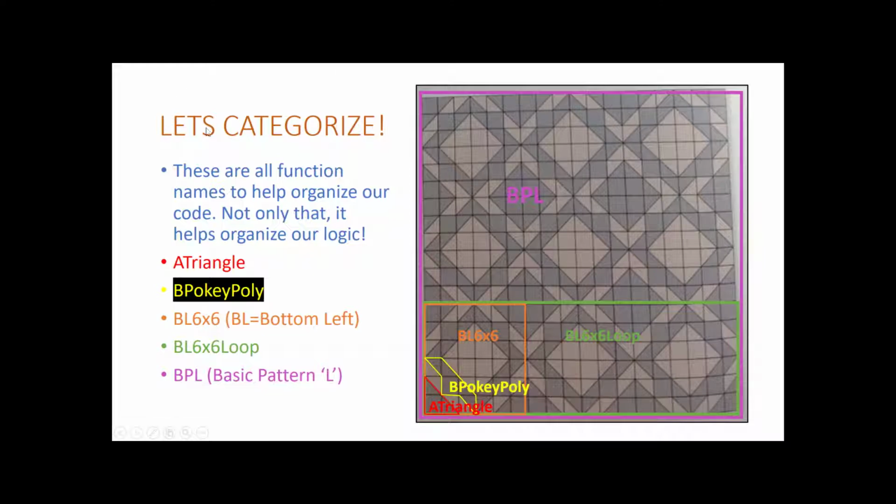Alright, so let's categorize here, okay? We're going to first make a function named aTriangle to make this shape. Then a function bPoky, because this is like a pokey polygon.